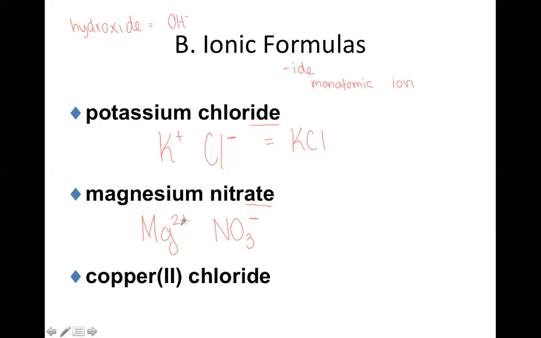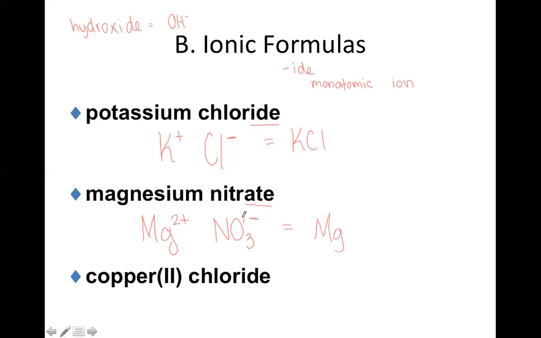So we don't want this to read as NO32, we want it to read as parentheses NO3 close parentheses 2, like there's 2 NO3s and not NO32. So here's where I was talking about if more than one polyatomic ion is needed, you need to put parentheses around the poly. So we have Mg.